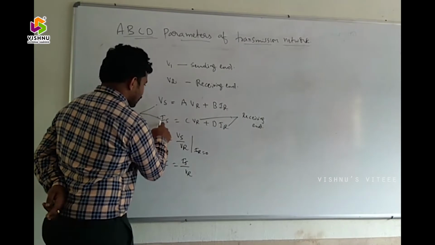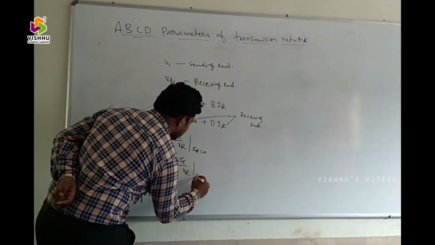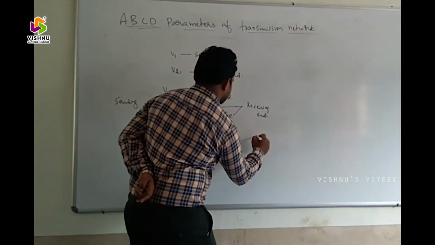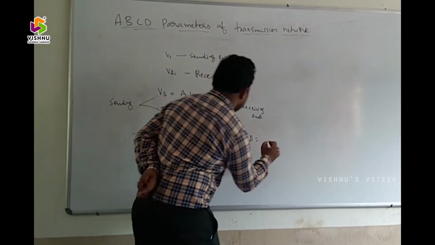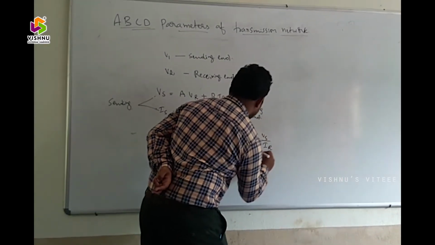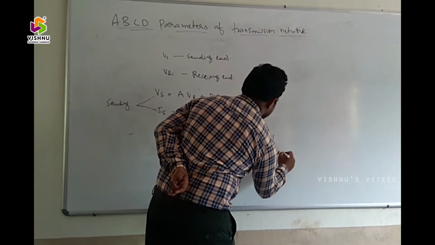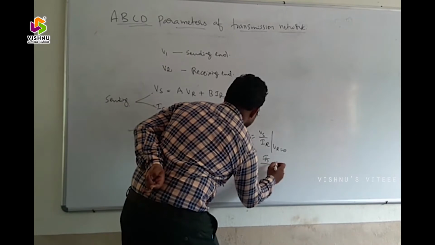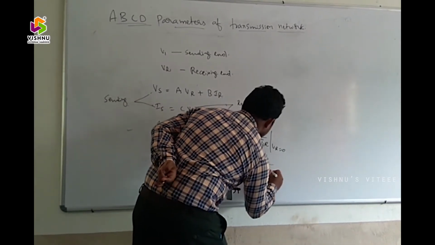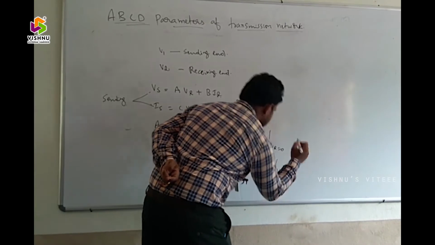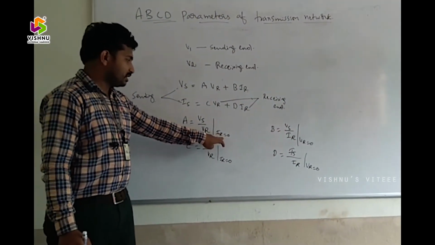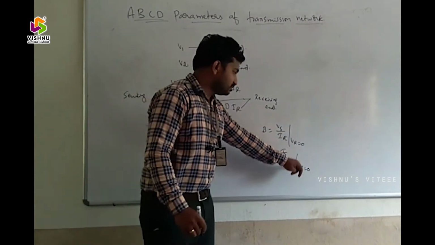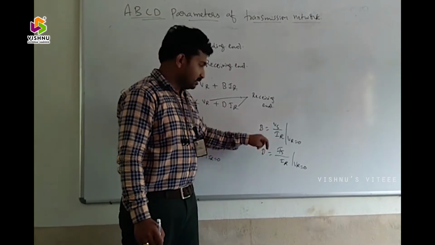For the B parameter, B is equal to Vs by IR, and D is equal to Is by IR, at VR is equal to 0. These are the conditions. When IR is equal to 0, we will get A and C parameters. When VR is equal to 0, we will get B and D parameters.